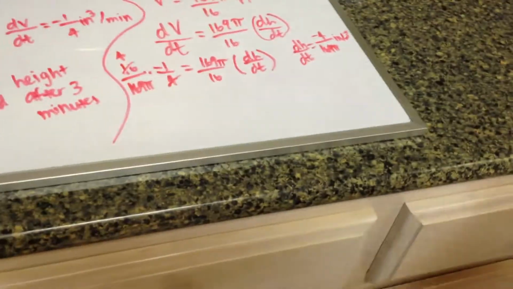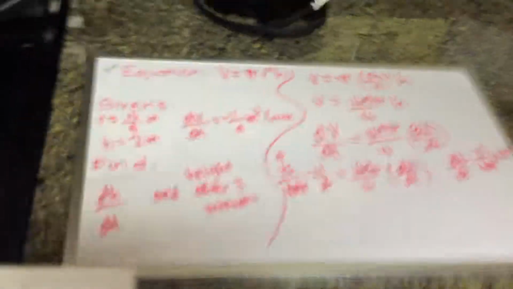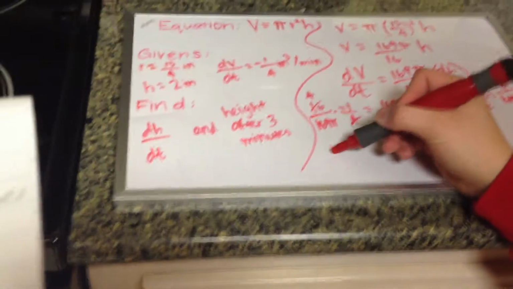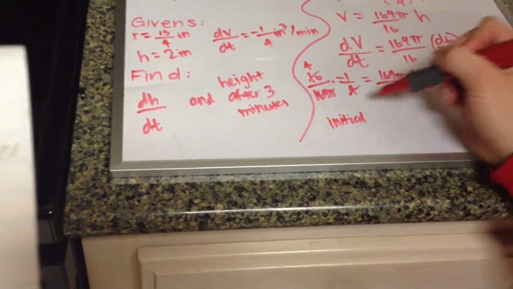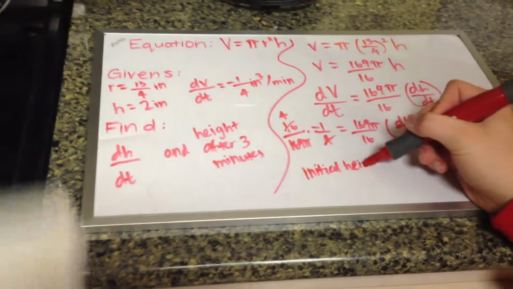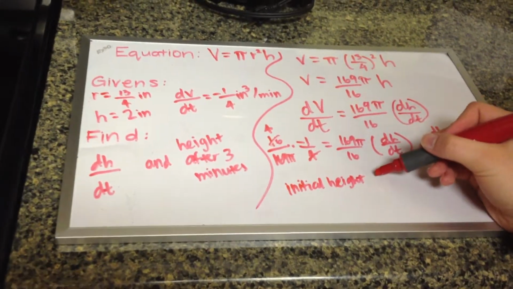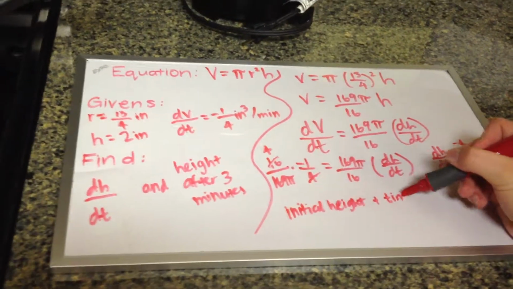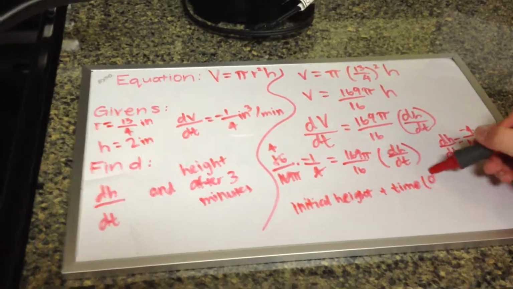And then, after that, you take your initial height, which is 2, and then add time times change in height over time, and you get your final height.